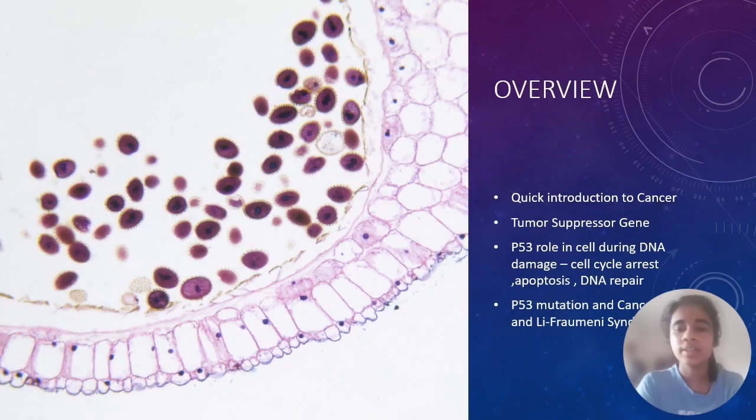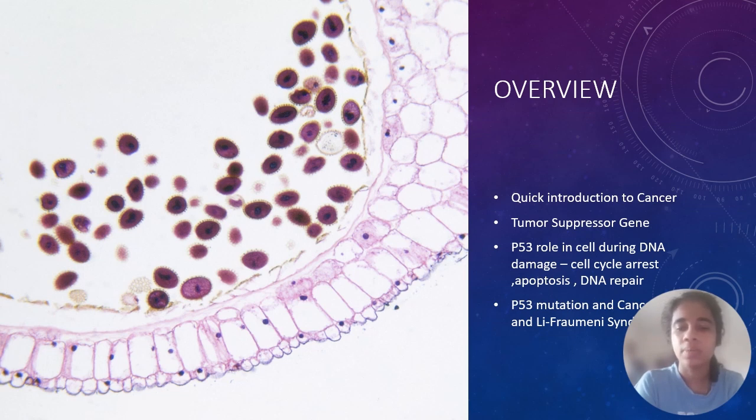The first thing is an overview of what we'll be discussing in this video. We'll give a short intro on cancer, and we'll discuss what a tumor suppressor gene is, its primary function, and what other functions tumor suppressor genes do.